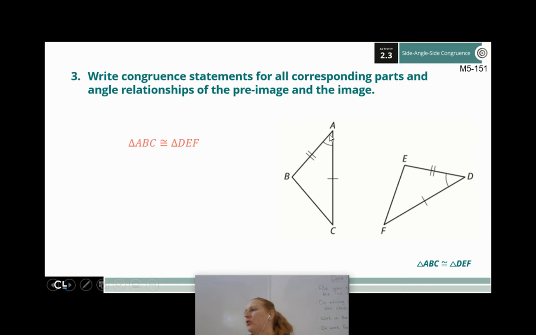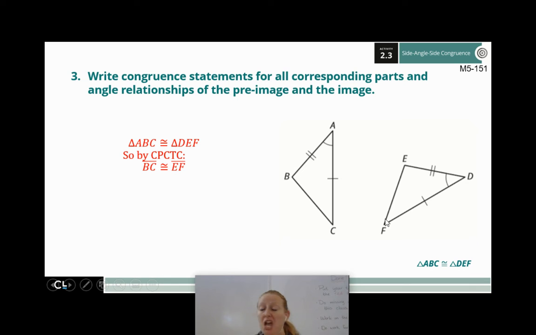So we already said triangle ABC is congruent to triangle DEF, and we already know AB goes with DE, angle A goes with angle D, and AC goes with DF. So let's write down the other parts we know, because if my triangles are congruent, corresponding parts of congruent triangles must also be congruent. So by CPCTC, I can say that BC should be congruent to EF.